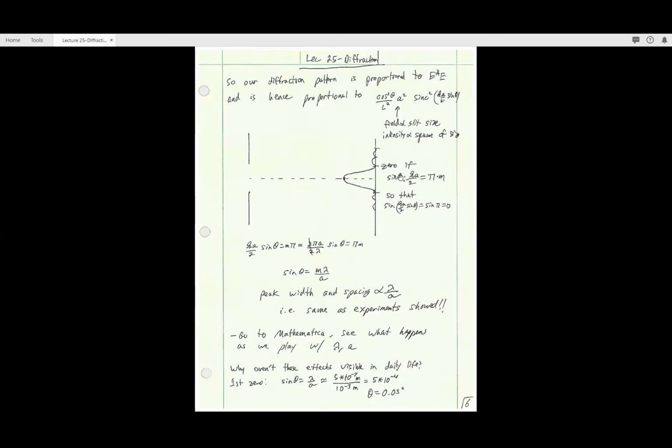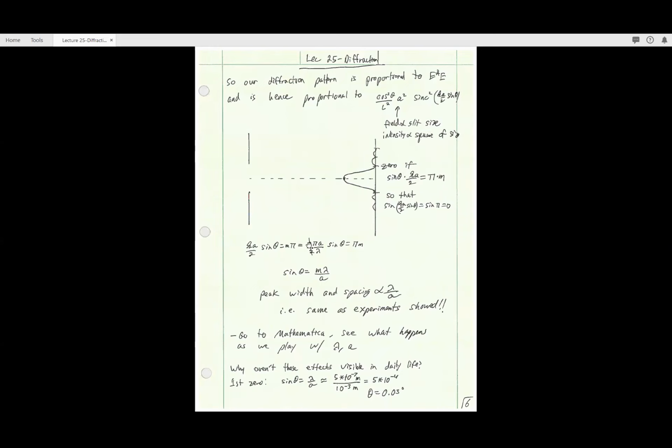This is 0 if the input to the sinc function is 0. And the input to the sinc function was K over 2 sine theta. So K over 2 sine theta has got to be pi or 2 pi or 3 pi or 4 pi, etc. So that means the sine of theta times K over 2 is pi times an integer.